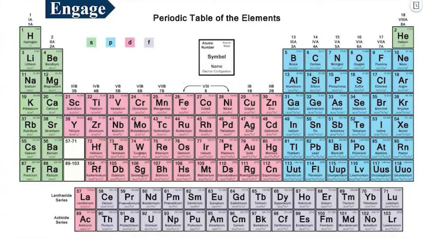We can tell not just electron, proton, or neutron, but also which group and which period that atom is in. For instance, sodium has 11 electrons because its atomic number is 11. So atomic number equals the number of electrons.